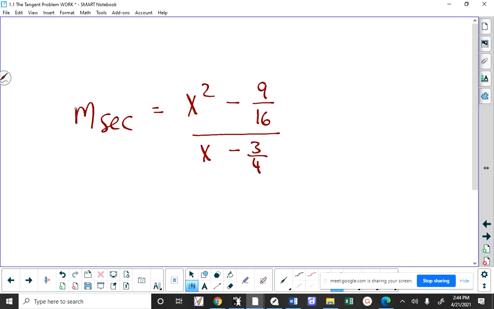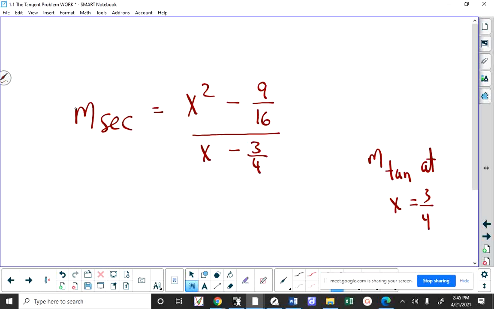And we wanted the slope of the tangent at x equals 3/4, but I can't put 3/4 in there, right? I can't. It's impossible. Maybe we can open up that math toolkit and do something to that expression so that it will allow us to take in 3/4.